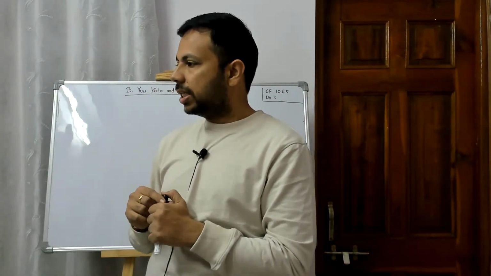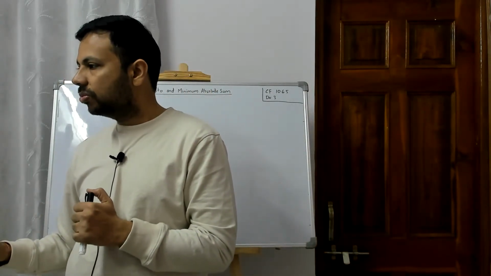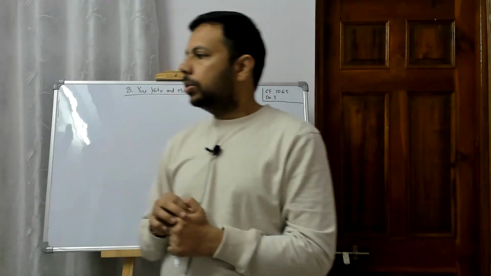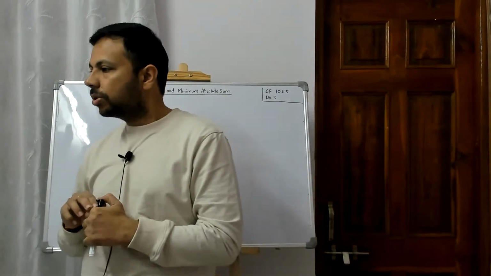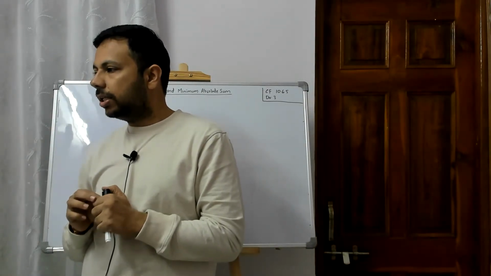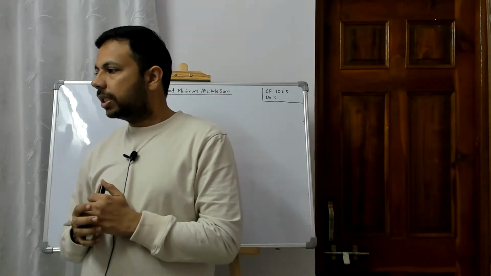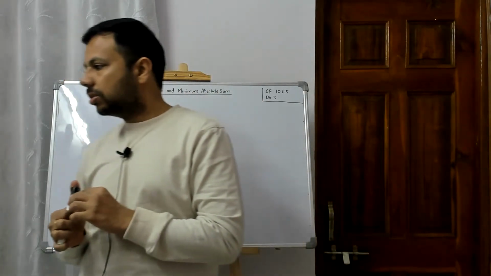If there are multiple such arrays, output the one that is lexicographically smallest. The first line contains a single integer t, the number of test cases. The first line of each test case contains a single integer n. The second line of each test case contains n integers between -1 and 10 to the power 6.